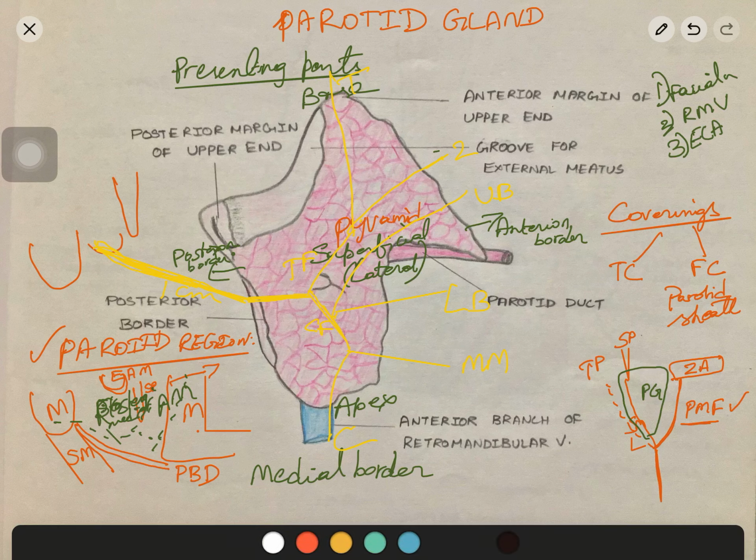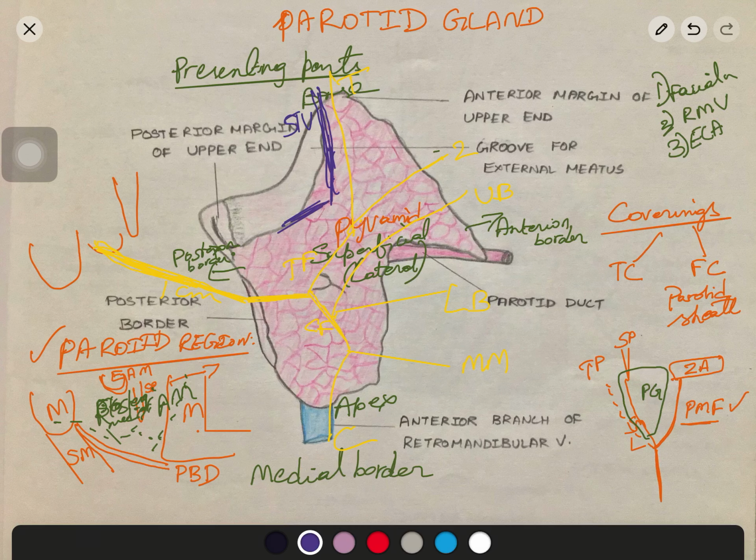Now we will see another structure inside the parotid gland, that is the retromandibular vein. The retromandibular vein is inside the parotid gland. It occupies the intermediate zone and it is formed by the union of the superficial temporal and maxillary veins. So the superficial temporal vein will pass here through the base.